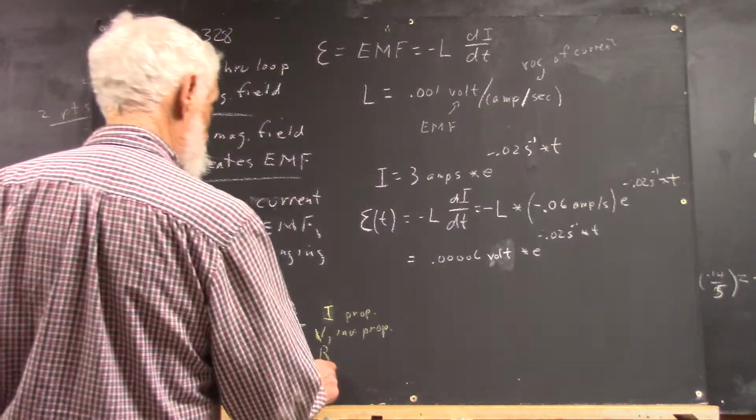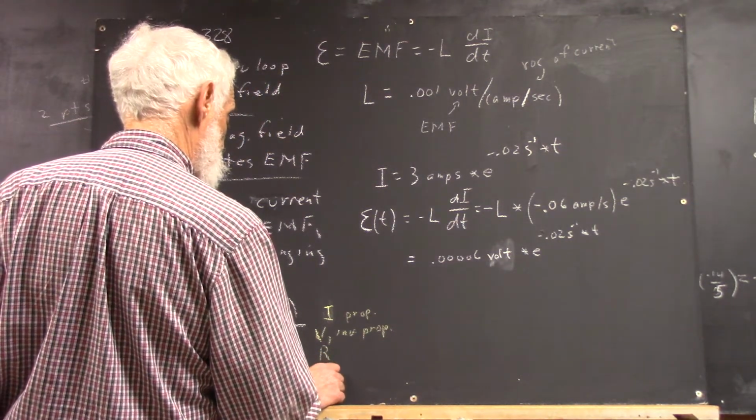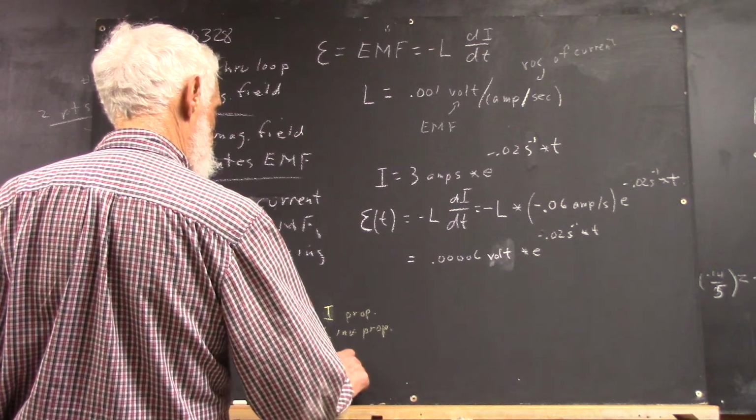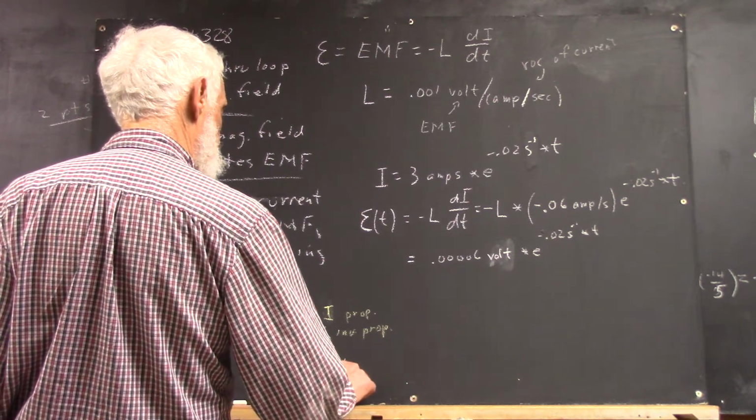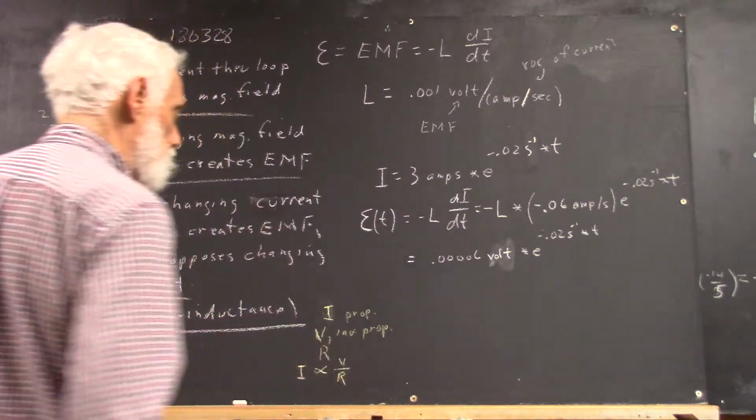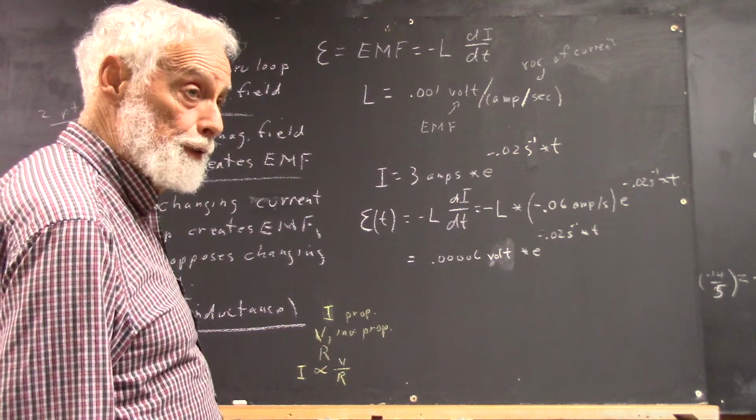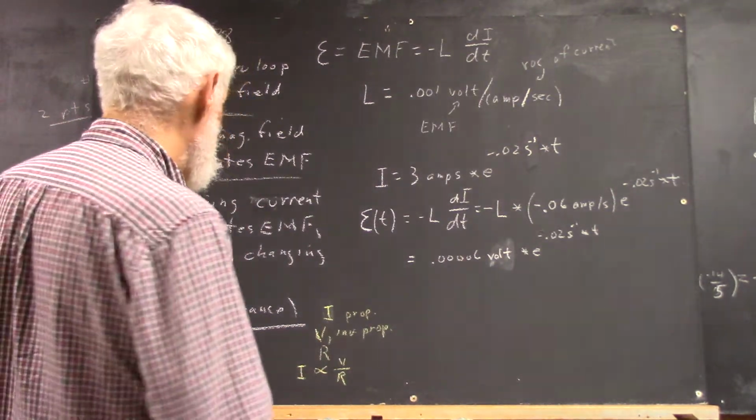But we say that the current is proportional to voltage and inversely proportional to resistance, so it's proportional to voltage over resistance, okay?